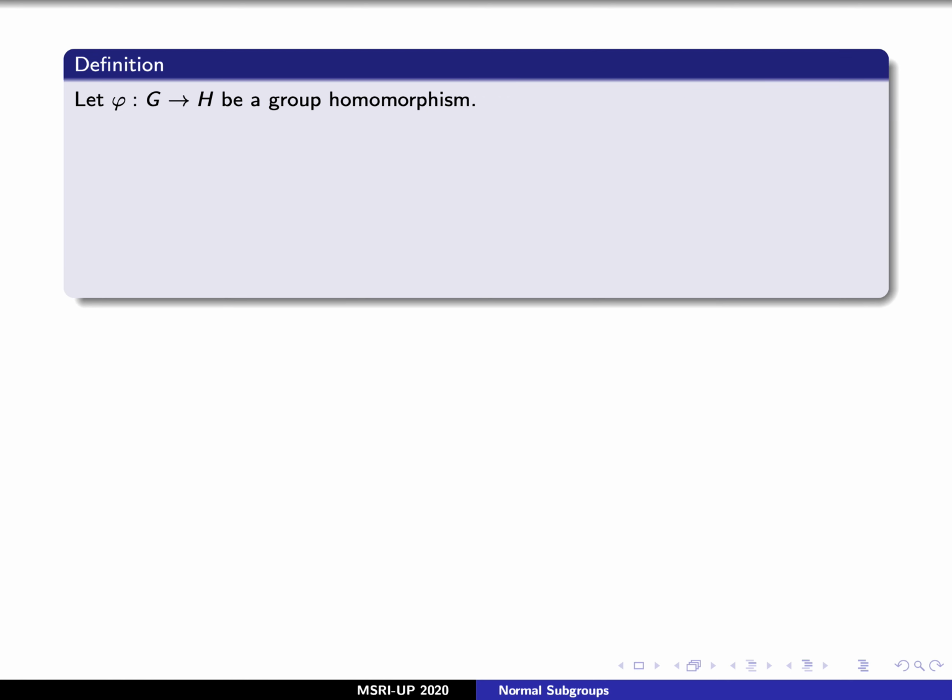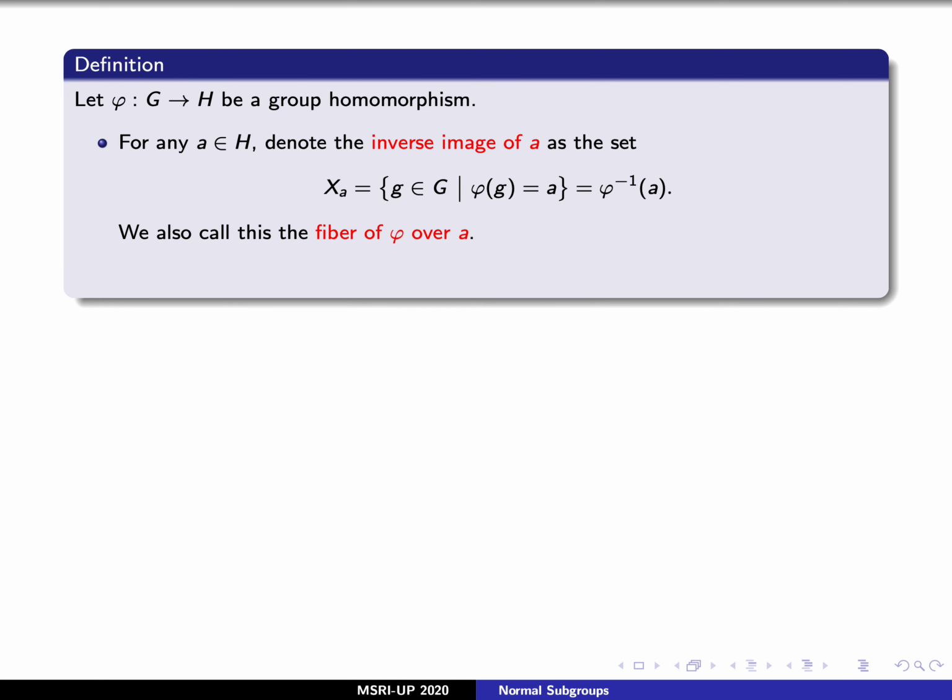Let's let φ be a group homomorphism still. For any element a in our codomain H, we define the inverse image of a as the set of lowercase g such that φ(g) is a. We can write this as φ⁻¹(a), again the inverse image, or we can write this as X_a. We'll call this the fiber of φ over a.